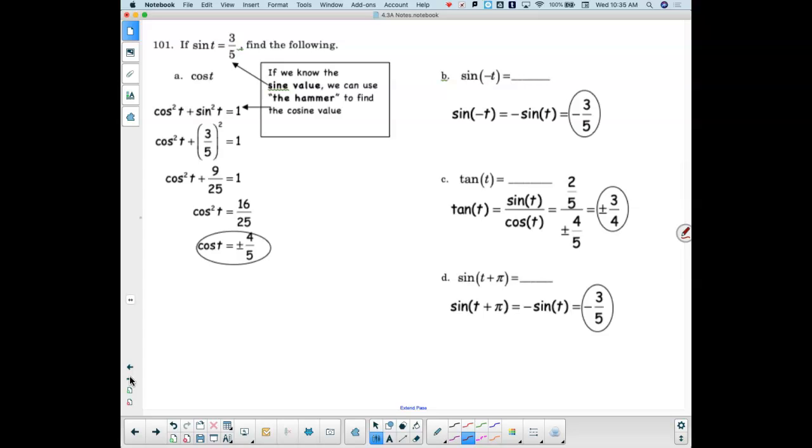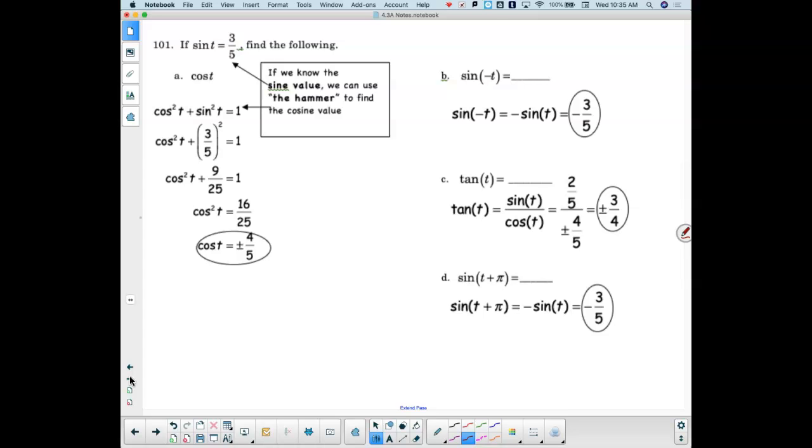So if the sine of t is equal to 3/5, then I can use the hammer to find the cosine value as either positive or negative 4/5, depending upon if I'm in quadrant 1 or quadrant 2, without any extra conditions or extra information given. We have to leave that as both positive and negative.